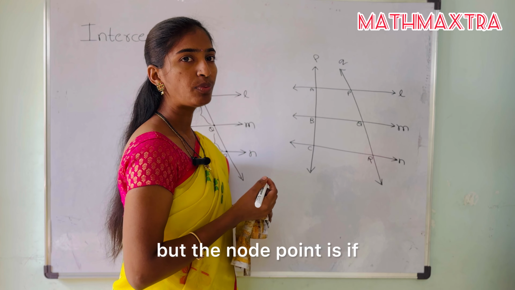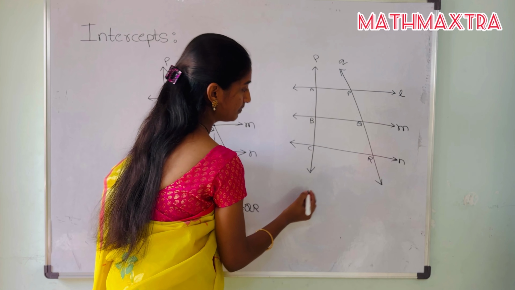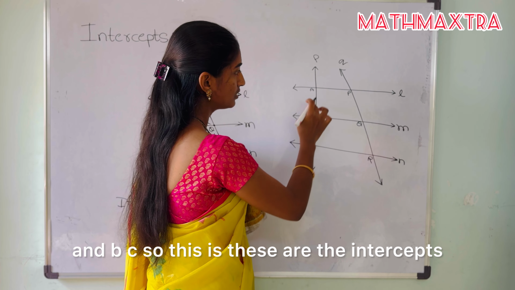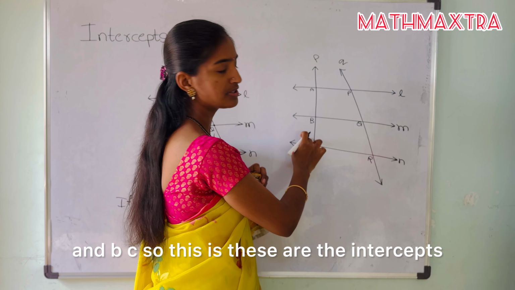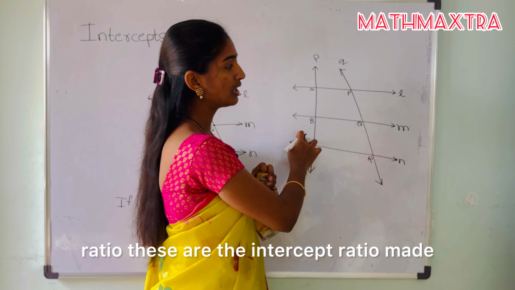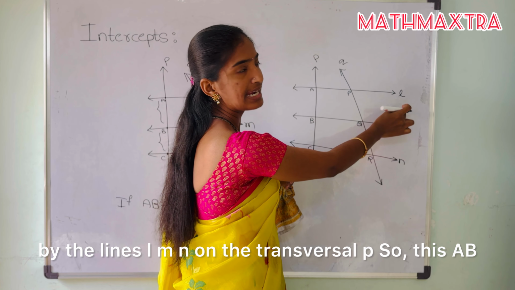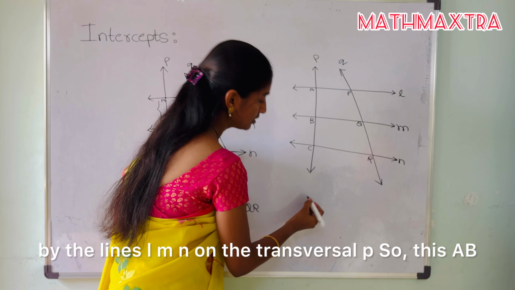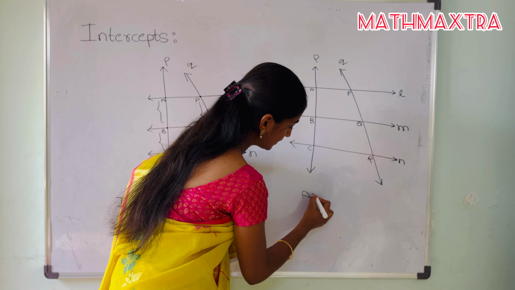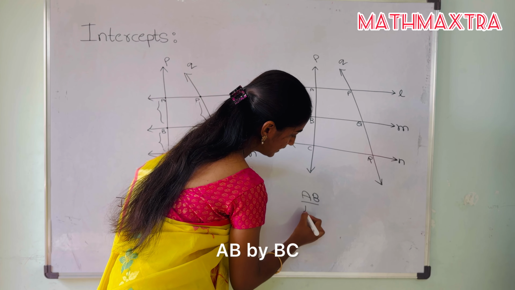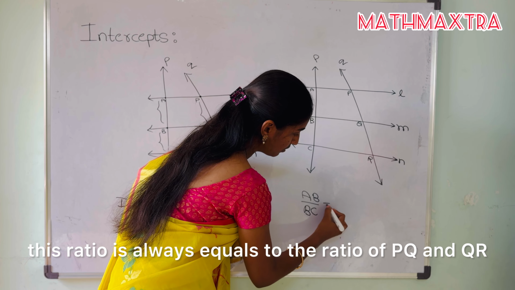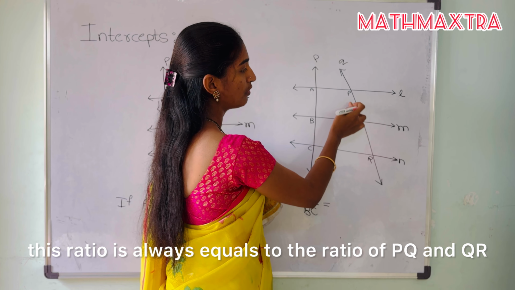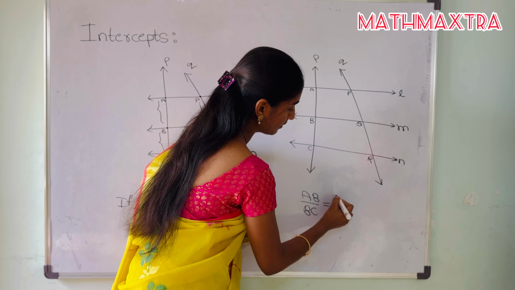But the point to note is, the ratio of AB and BC, these are the intercept ratios made by the lines L, M, N on the transversal P. This ratio AB by BC is always equal to the ratio of PQ and QR.